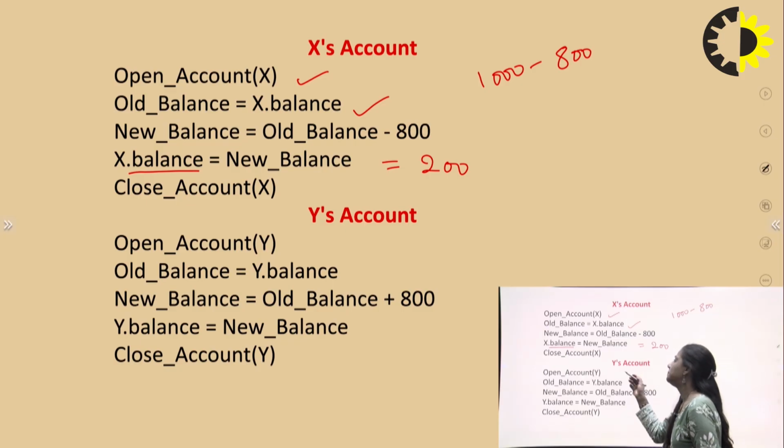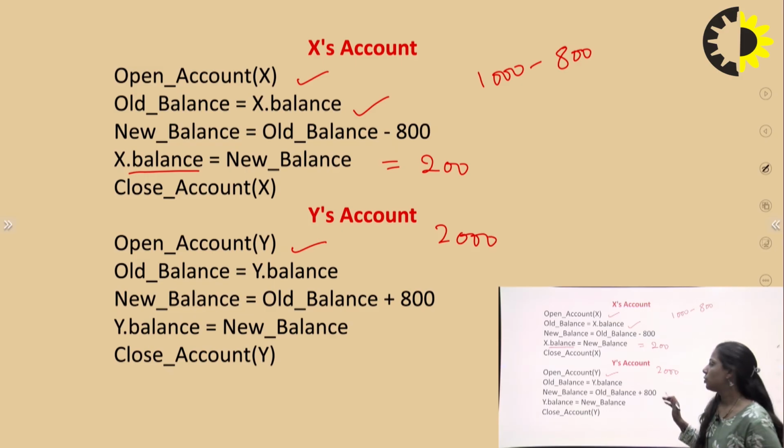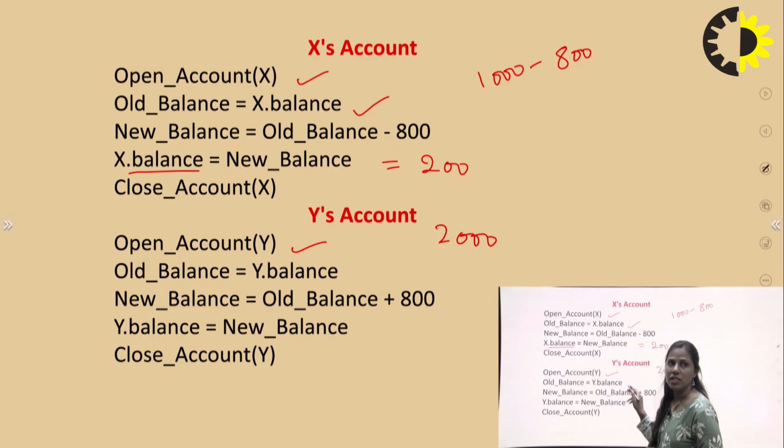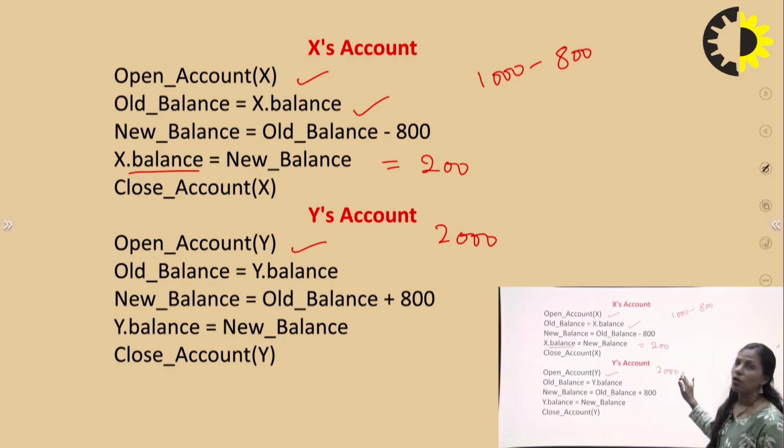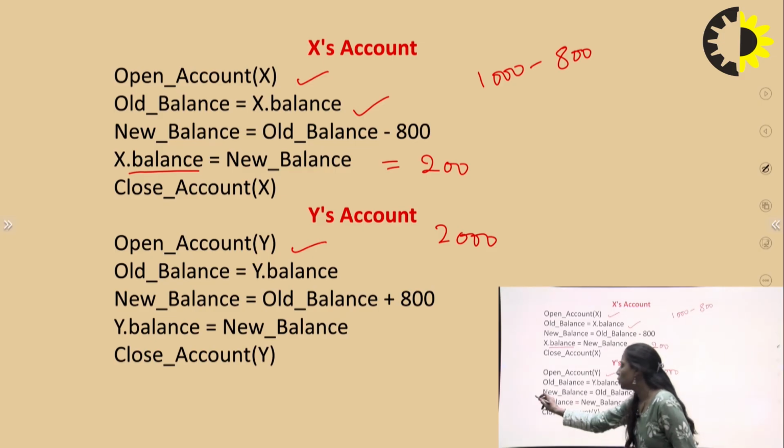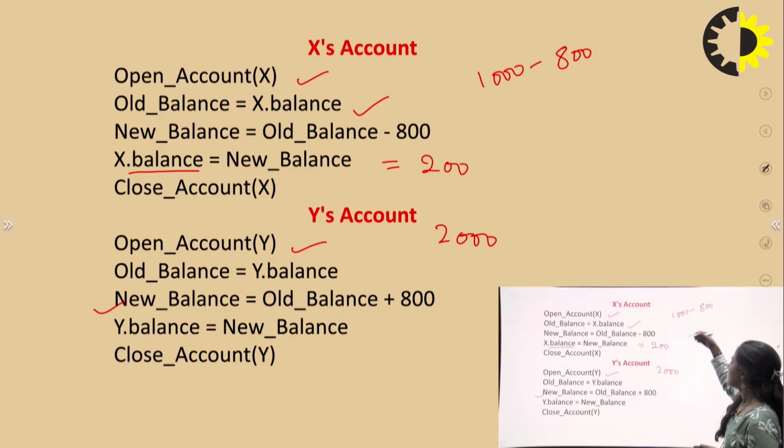It will open the account of Y, whatever balance is there. For example, here it has 2000. So the old balance will be equal to Y balance, that is 2000. Now what will the new balance be? He is going to transfer the 800 amount to this account.